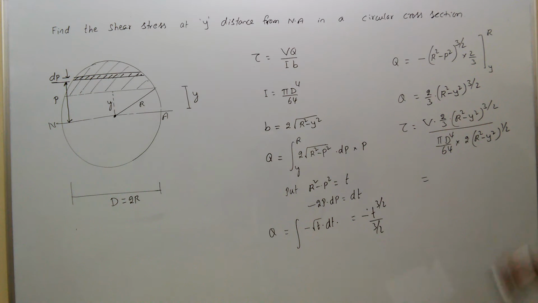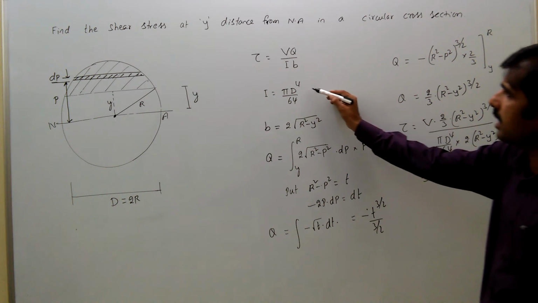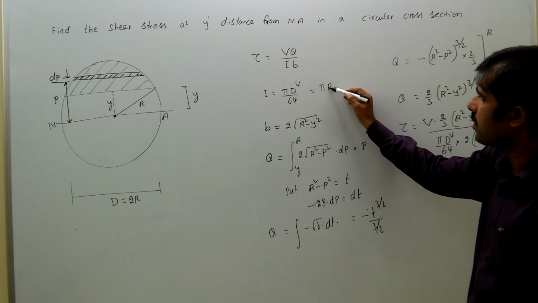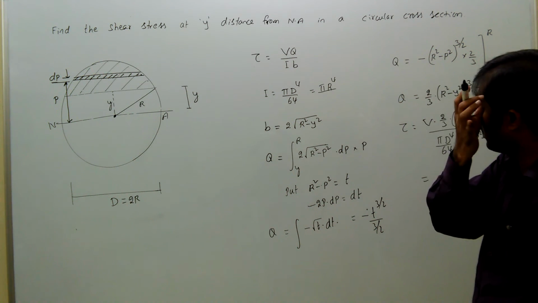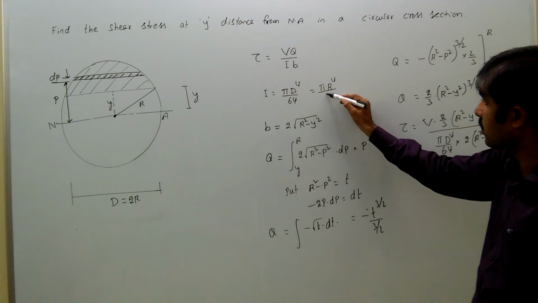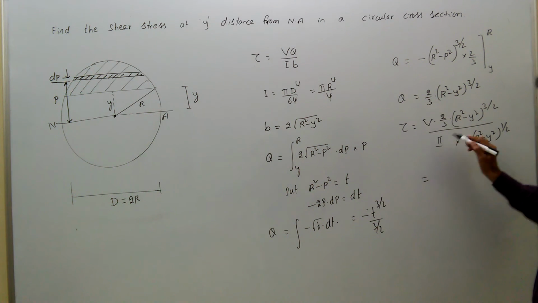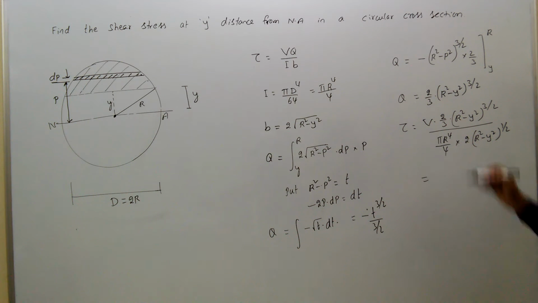Or instead of d, we can put in the radius itself, pi r to the power 4 by, so 2 power 4 is 16, means 4 here. So here pi r to the power of 4 by 4.